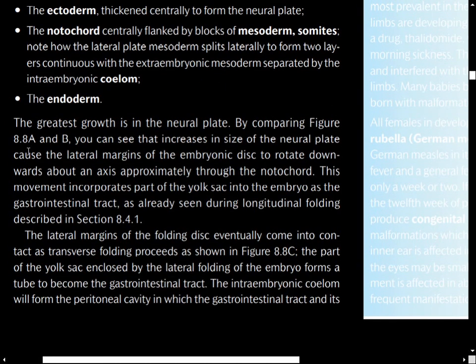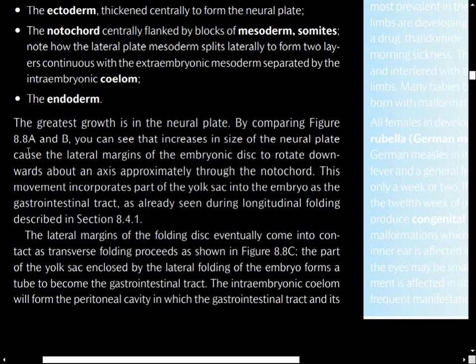By comparing, you can see that the greatest growth is in the neural plate. Increases in size of the neural plate cause the lateral margins of the embryonic disc to rotate downwards about an axis approximately through the notochord.